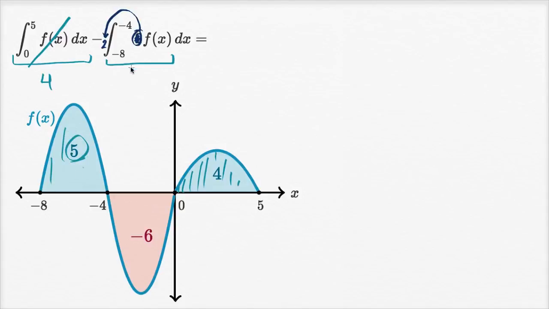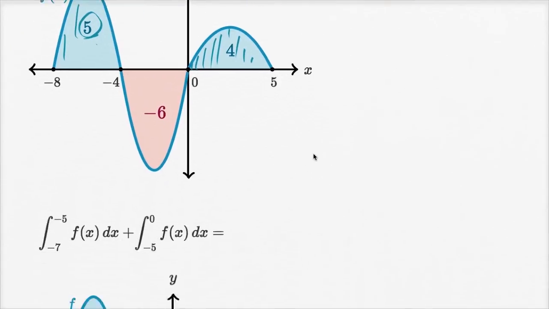It's this area they're talking about. So this is all going to simplify to 4 minus 2 times 5, which is equal to, let's see, 4 minus 10, which is equal to -6.